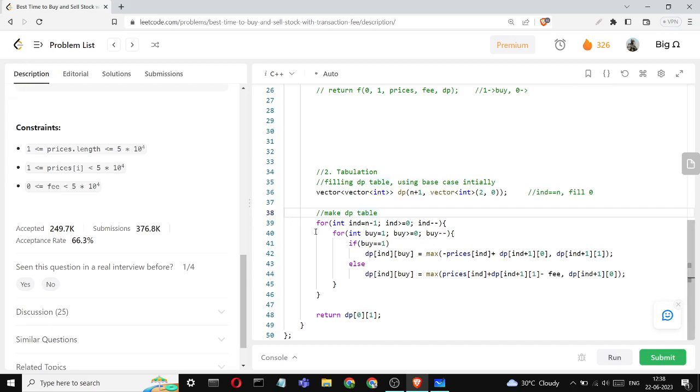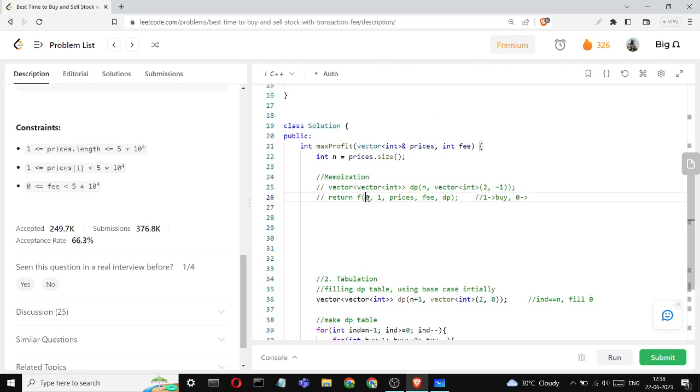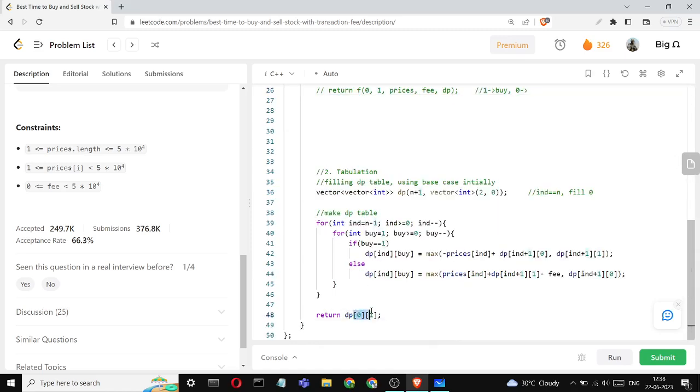That is how. So just go from index n minus 1 to 0, and buy from 1 to 0, and do the same thing, and in the end your answer will be stored at dp of 0 comma 1. So 0 is the first day, and 1 is buying. That same thing we are doing here also.